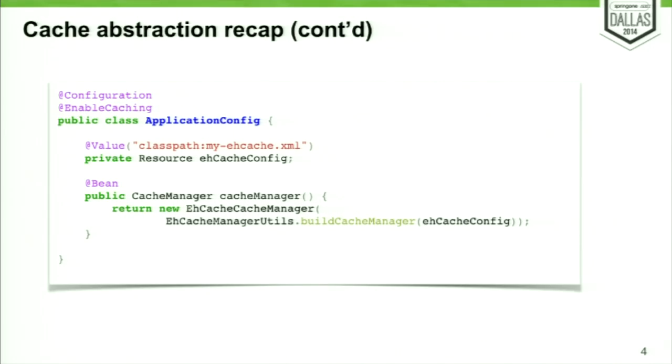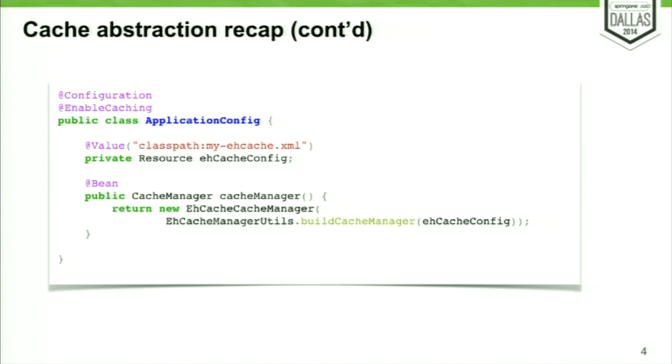In terms of how you would configure this, of course you can do it the usual way, namespace-based. But if you look at the Java-based version of it, the central part is selecting a cache manager implementation. What you can see down here is the typical @Bean method in a configuration class that just builds a Spring cache manager implementation.